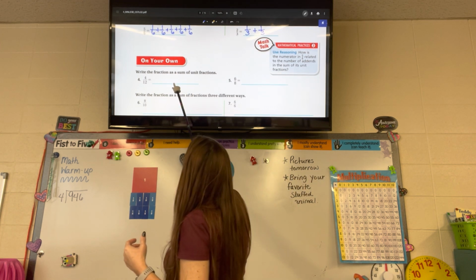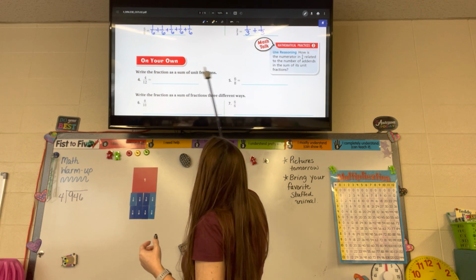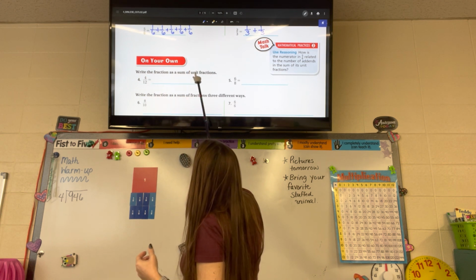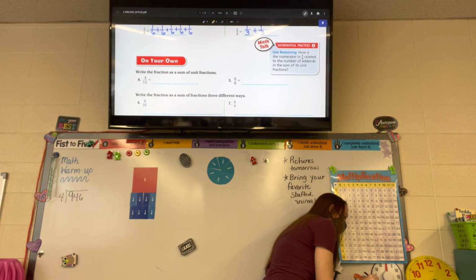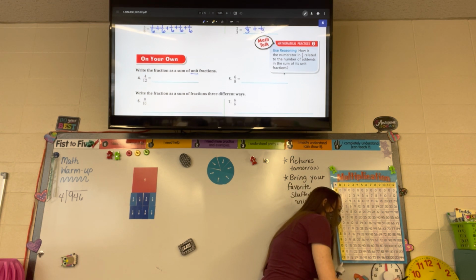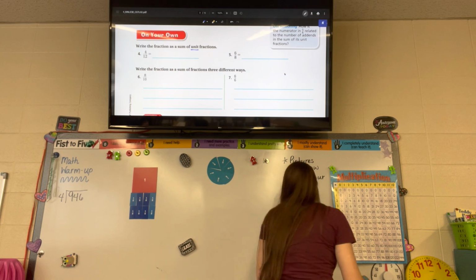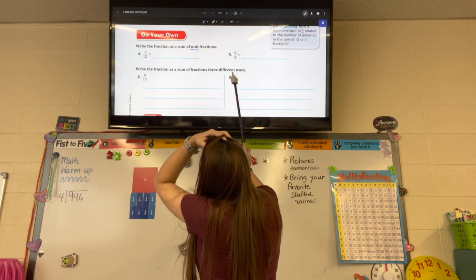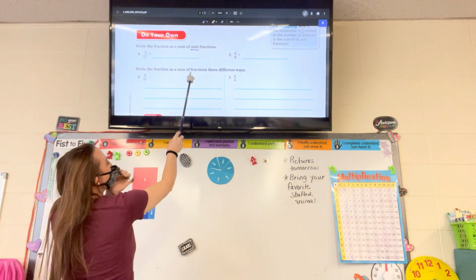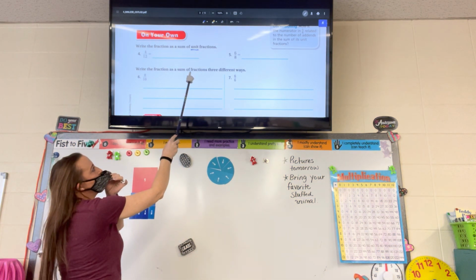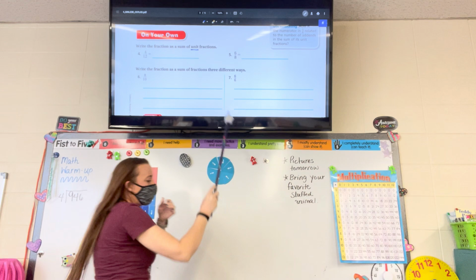In just a minute, you're going to do these two on your own, writing the fractions as the sum of unit fractions. Before we do that, though, we're going to do number 7 together. It says write the fraction as a sum of fractions. Do you see the word unit on this one? No. 3 different ways.